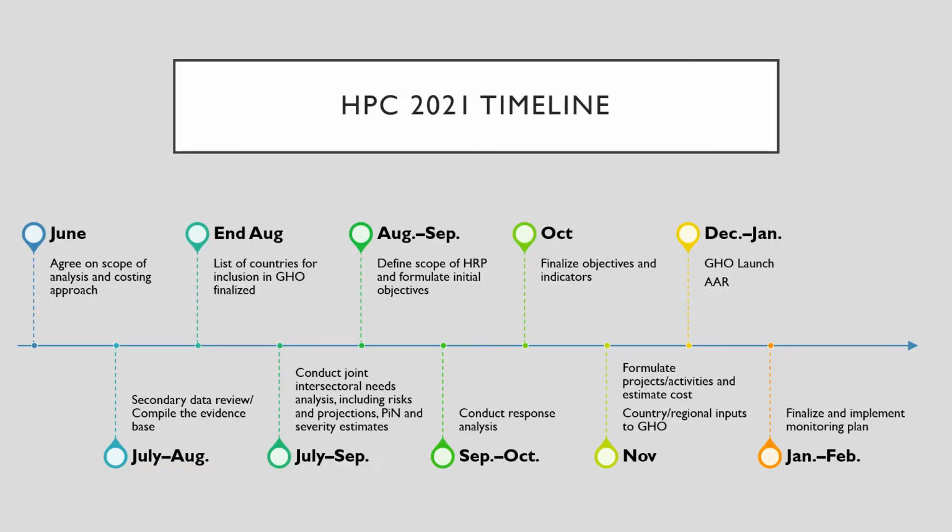This means initiating the process around June, agreeing on the scope of the analysis and the costing approach, conducting the secondary data review, collecting data, compiling the evidence base should take place during July and August. The joint intersectoral needs analysis will then have to take place between July and September.